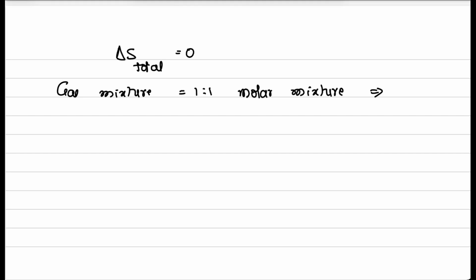Usually, the controlling equation for entropy, relating entropy and volume and also molar heat capacities, there is a controlling equation.